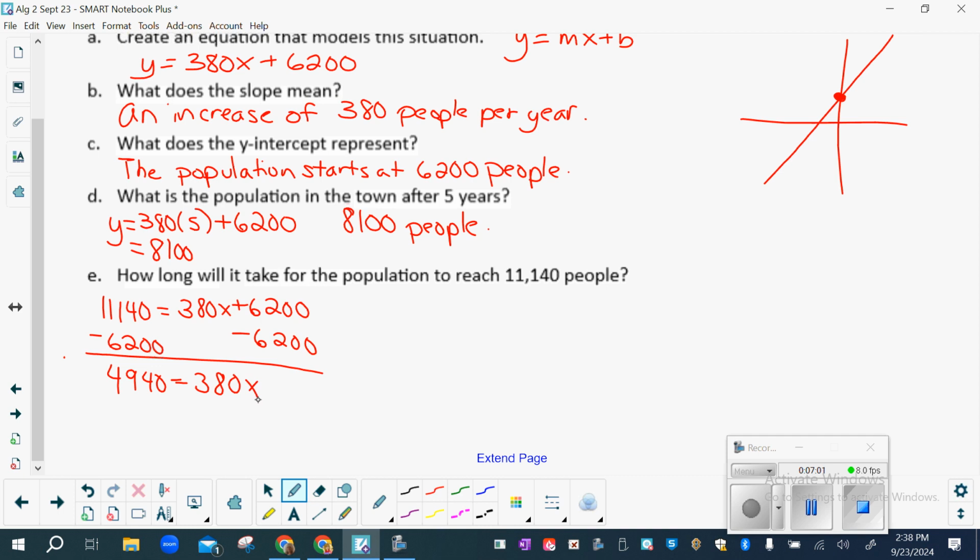And then what do we do next? Divide by 380. And so then that would be 13, and that 13 represents 13 what? What do you think the units are in that 13? Years. 13 years. Yep.